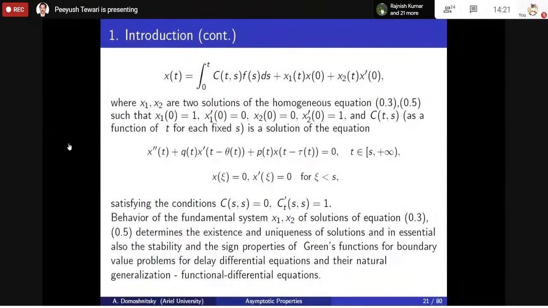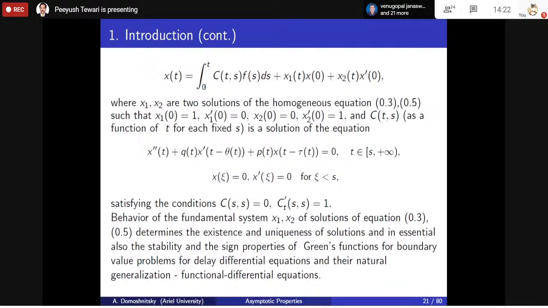And it is possible to write the general solution in this form. And what we see, x1, x2 are two independent solutions of the homogeneous equation, and C of t, s is a solution of the homogeneous equation for every fixed s.